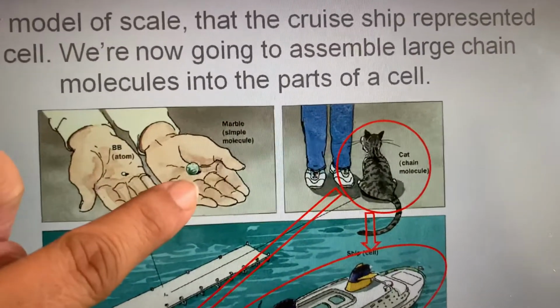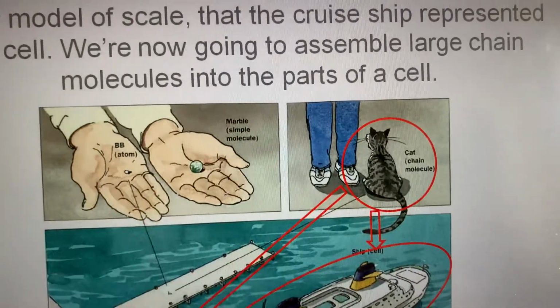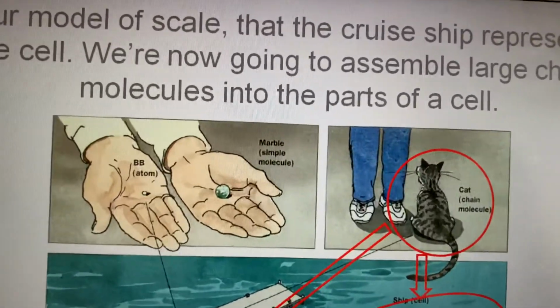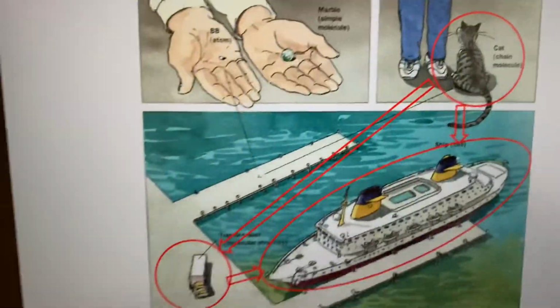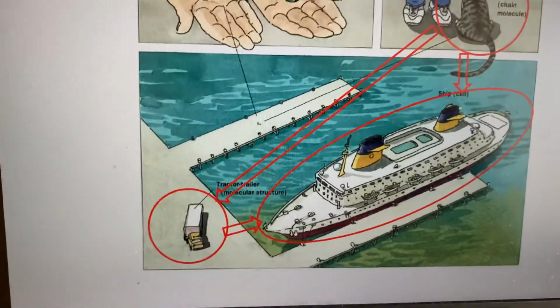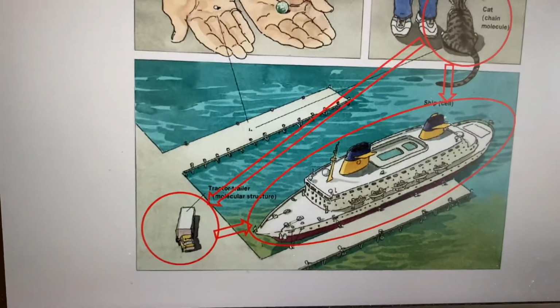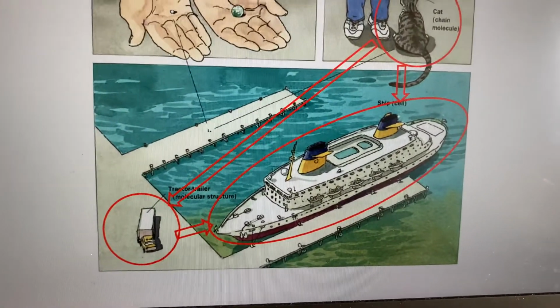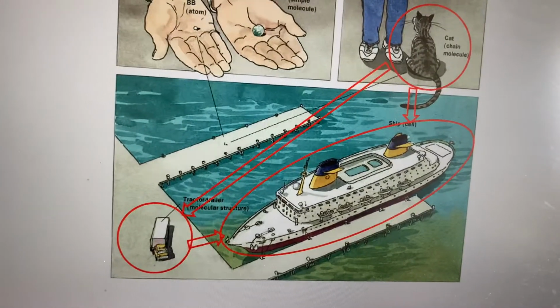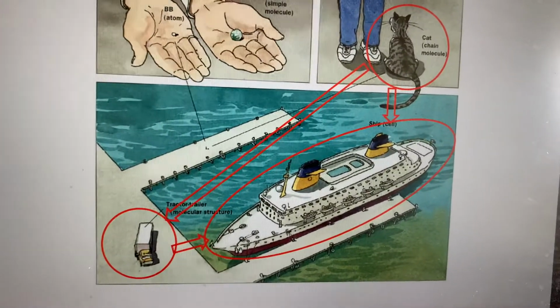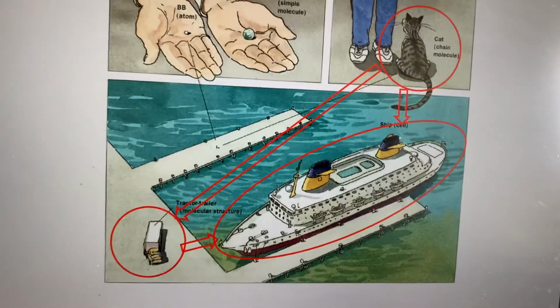These are the molecules, and when molecules join together to form a polymer or long chain molecule, there is the example of the cat. And you see the size of the tractor is about the molecular structure. So let's suppose one is the cell wall, that is a molecular structure, or let's talk about the mitochondria, right?